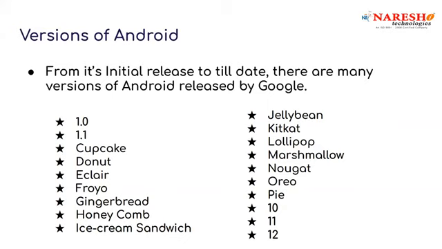And after Pie, Google decided to stop giving its versions code names. So we have 10, 11, 12, and 13. 13 is also rolled out, and people are getting updates. I did not include 13 because it is still being rolled out. It's not entirely rolled out. Only a portion of the people have got that update. Some people are not getting it till today. So maybe we'll include 13 tomorrow or the day after tomorrow.